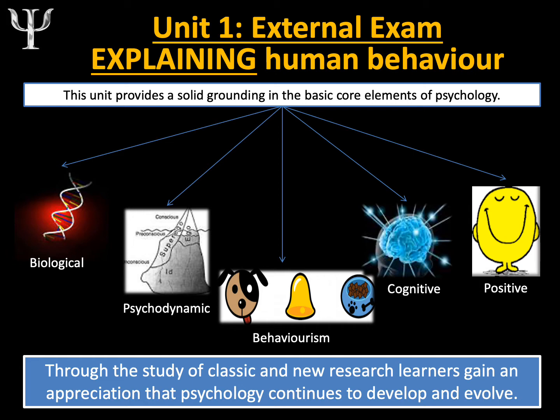And those approaches vary from biological approaches that want to look at all the internal influences within a human that makes them behave the way they do. So exploring things like genetics, neurotransmitters, structure of the brain, and how all these can make a person behave a certain way.